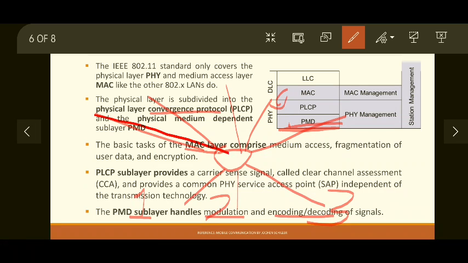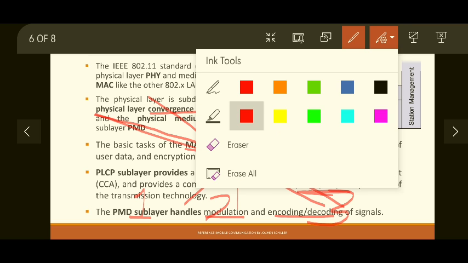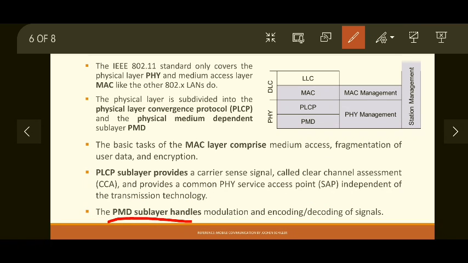So to make them interact with each other, a common access point or connection is provided, and that is called the service access point. So the PLCP sublayer provides this service access point for all MAC layer mechanisms and for all transmission technology. Okay, so the PMD sublayer handles the type of transmission technology, that is modulation and encoding or decoding of signals. So these are the functions of these two sublayers and the MAC layer.